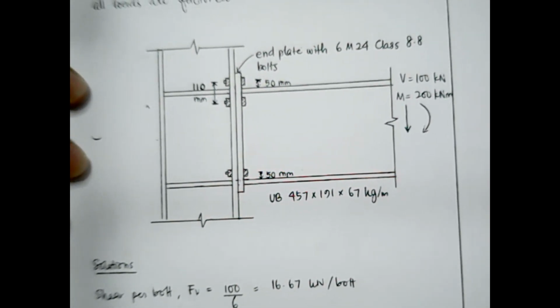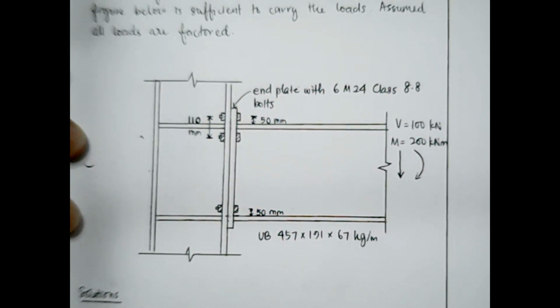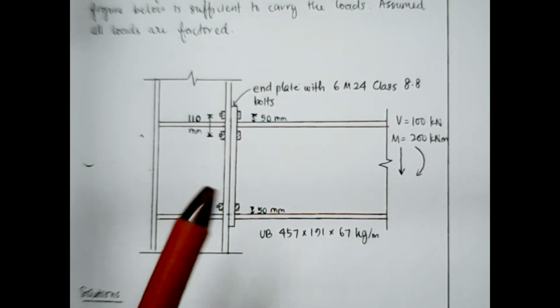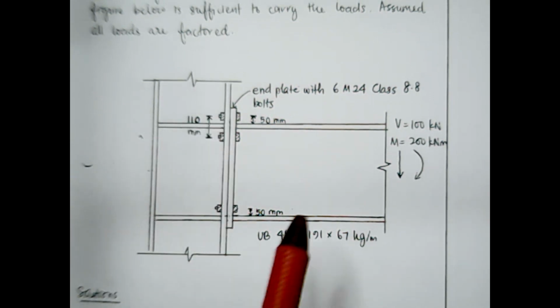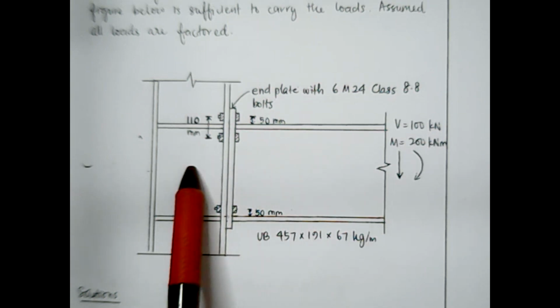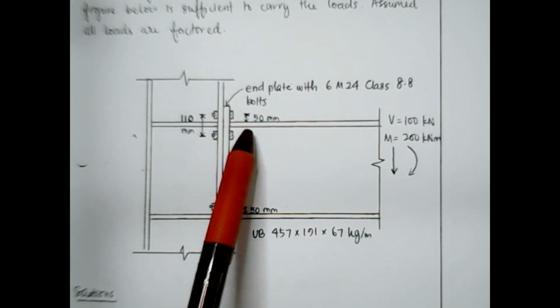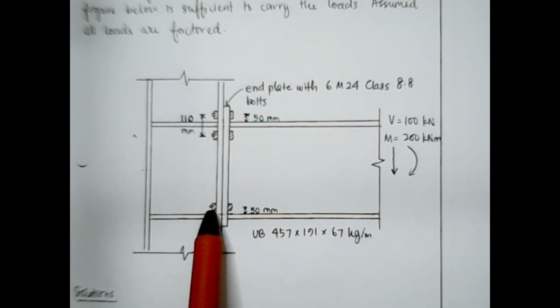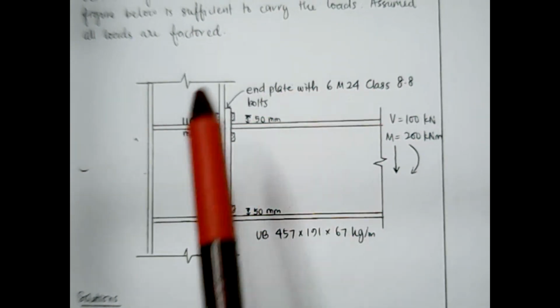So if you look at these typical connection examples, you can see that here, this is the column, and this is the beam, where the beam is bolted to the column flange, where you can see there are 3 rows of bolted connections, and there are 2 sides, which means you have this side and the other back side.